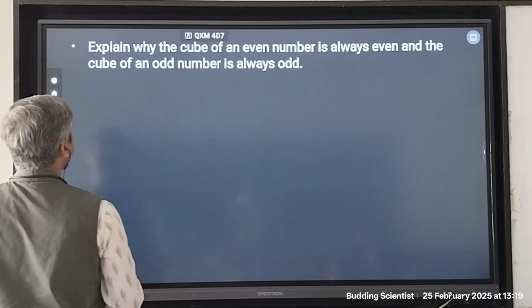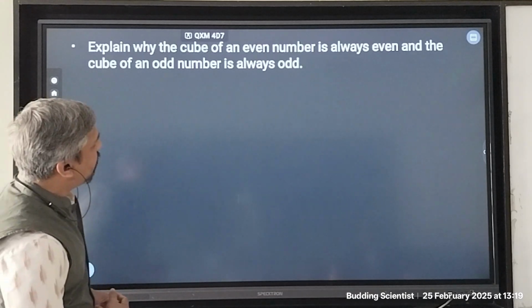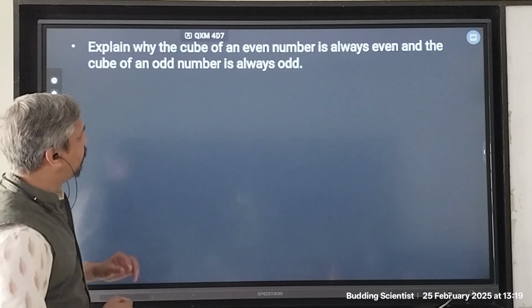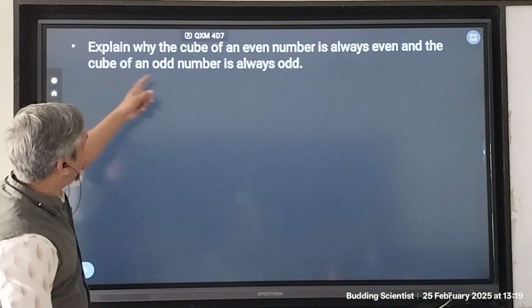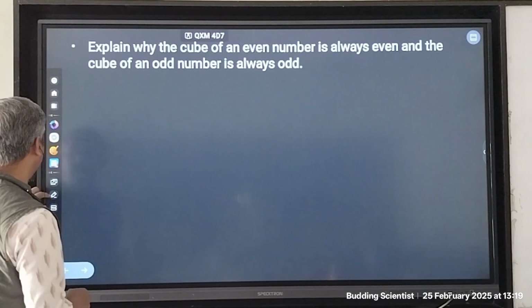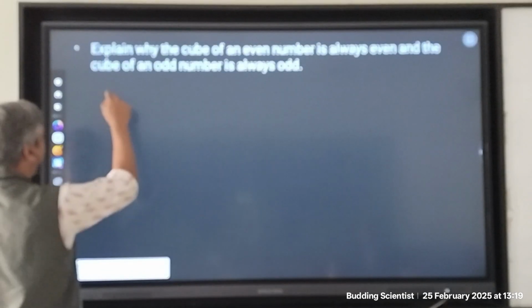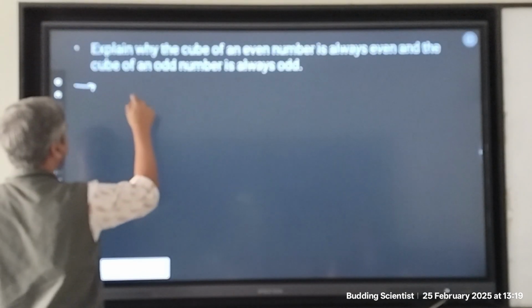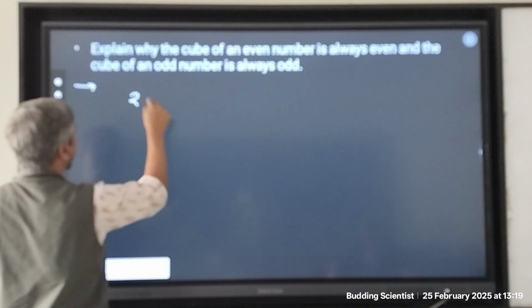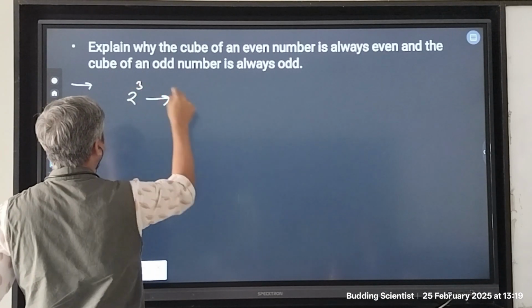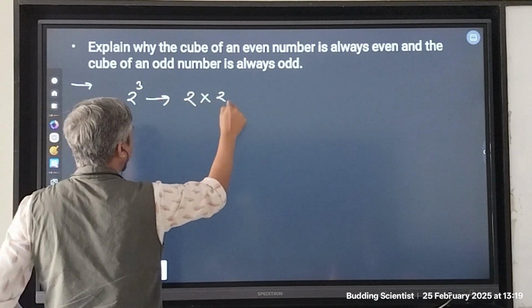Next question. Explain why the cube of an even number is always even and the cube of an odd number is always odd. The answer is very simple. When you have an even number, let's say the number is 2, then 2 cube is equal to 2 into 2 into 2.